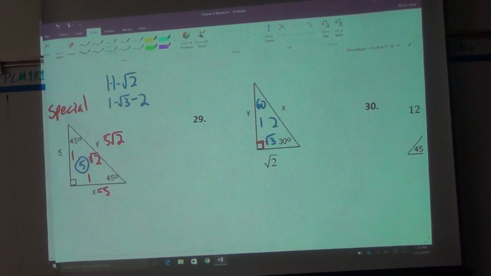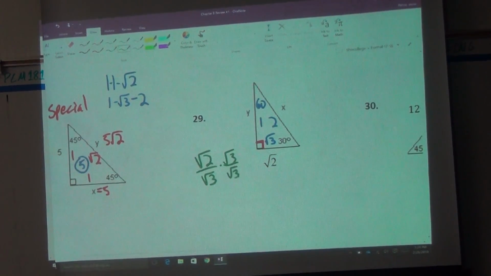Can you tell me what either x or y is? Y is root 6 over 3. Good. It's root 2 over root 3. We're going to multiply and get root 3 over 3 as our multiplying factor, which is root 6 over 3. Is that the answer you told me? Root 6, yeah. Great job.